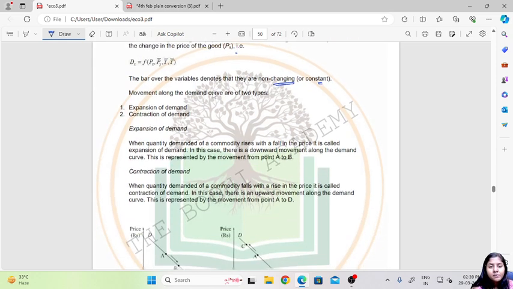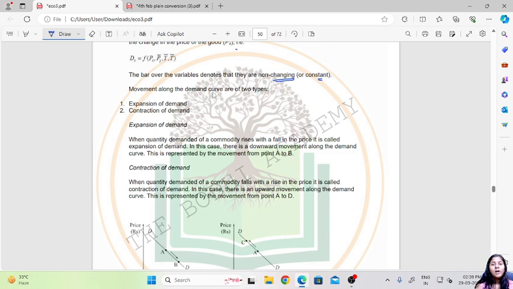Movement along the demand curve is of two types. The first one is expansion of demand, the second one is contraction of demand. Expansion of demand: when the quantity demanded of a commodity rises with a fall in price, it is called expansion of demand.